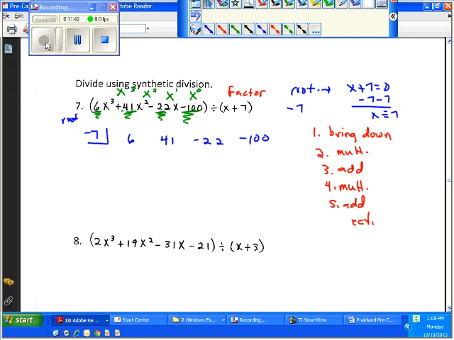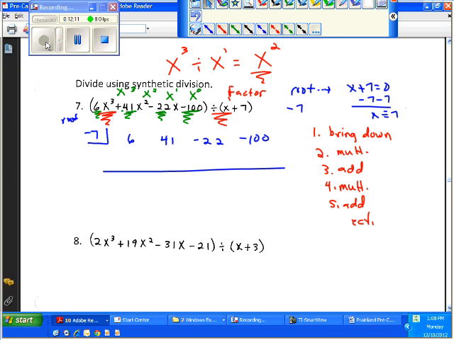Okay? What's going to happen when you divide an x to the third something by an x to the first something, you're going to end up with an x squared something, right? So we're going to go from a cubic to a quadratic.